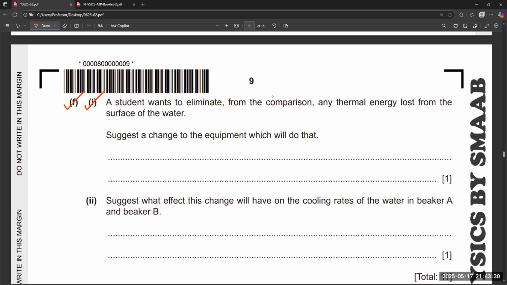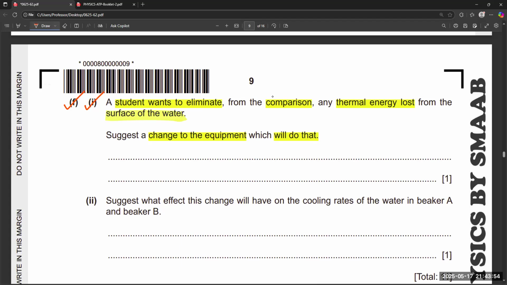Then part F, a student wants to eliminate from the comparison any thermal energy lost from the surface of the water. Suggest a change to the equipment which will do that. So basically we know that both beakers are open. So thermal energy also transfers to the atmosphere.